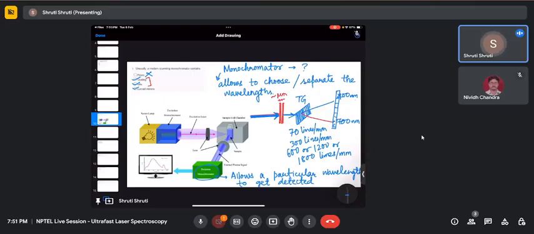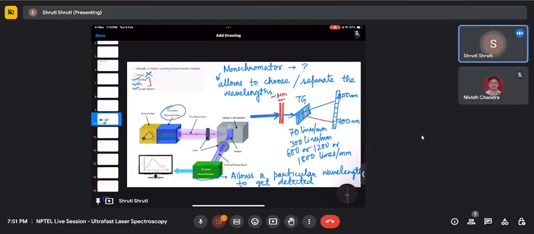Yeah. It all depends on the property or the quantum yield of the sample. We cannot fix one thing, it cannot be universal for all the samples. So yeah, that's what I said.